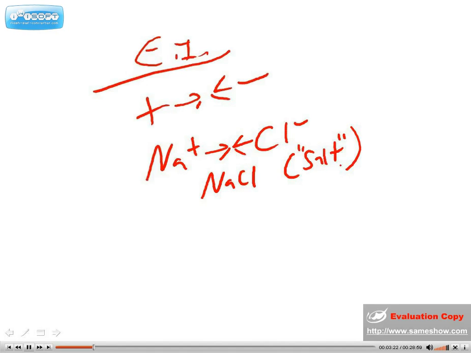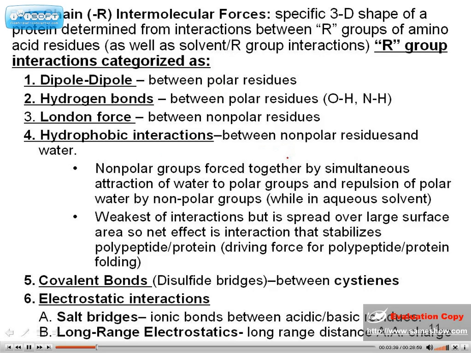And that's when you have a positive and a negative ion coming together, forming a neutral compound. And the common name for this is a salt. Now, we apply the same thing when it comes to electrostatic interactions.